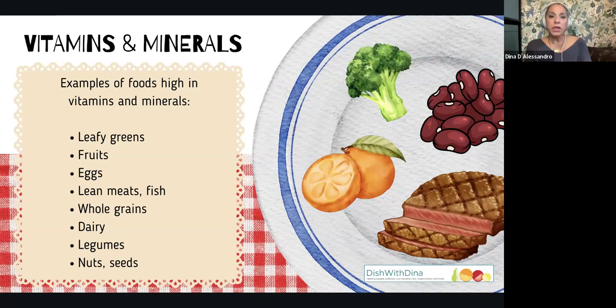So the reason why I think this is important to know is because if you have a dietary preference, or something that you need to completely avoid or remove from your diet, or you're allergic to something, or your doctors or dietitians have told you to limit or avoid a particular food because maybe it interacts with your medicine, or you might have a condition like kidney disease where you have to be more mindful about the types of vitamins and minerals that are in those foods because they could exacerbate your condition.